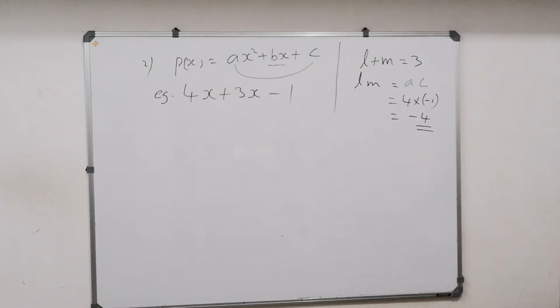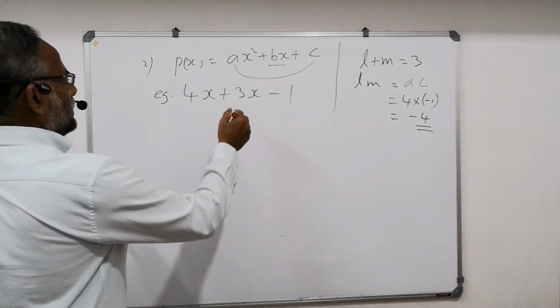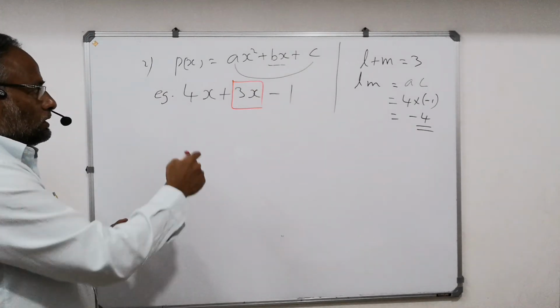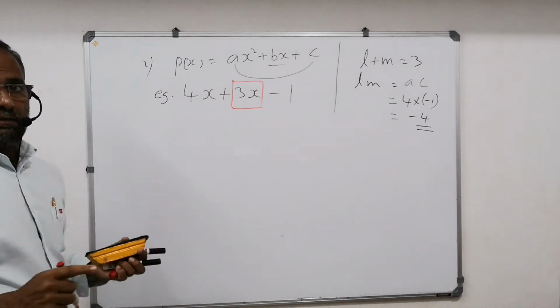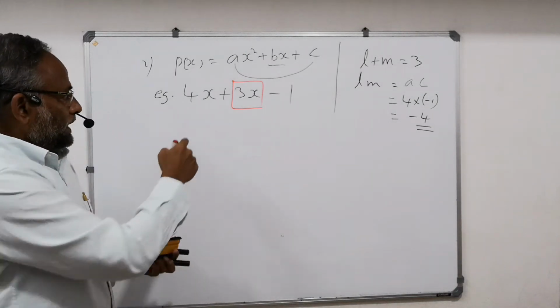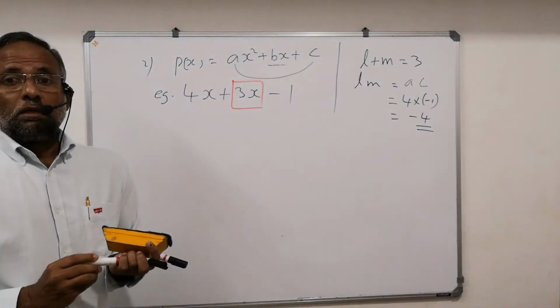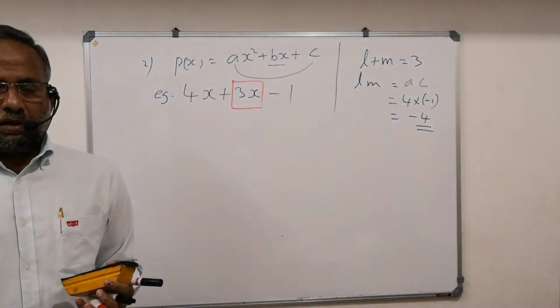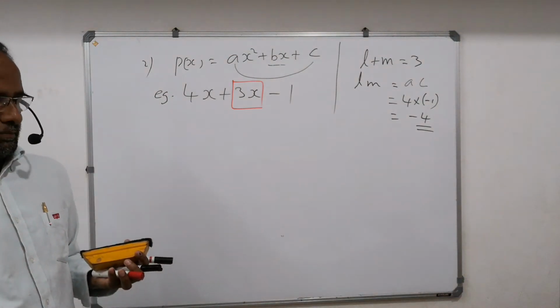Here, this is the middle term. You have to split. Don't touch the first term, don't touch the last term, middle term only, because they are dangerous, strong. So you can split the middle term, that is your friend, he will adjust.